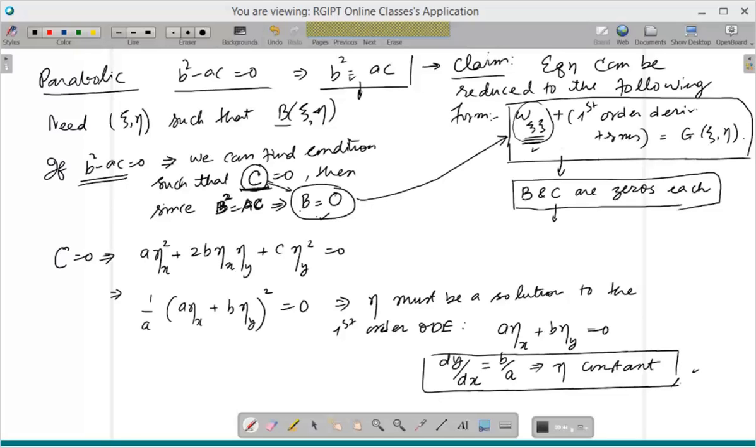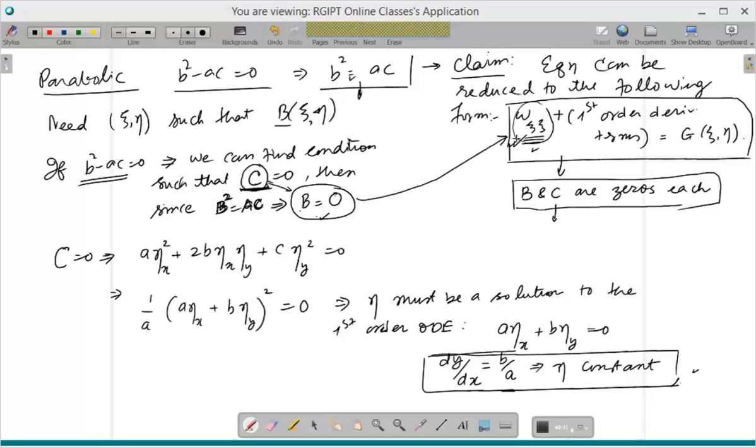So dy by dx will be constant, and if dy by dx is chosen to be equal to b by a, my eta will be constant. So as long as we are moving on the curve defined by dy by dx equal to b by a, where eta is constant, capital C will be 0, and that means this expression is satisfied.